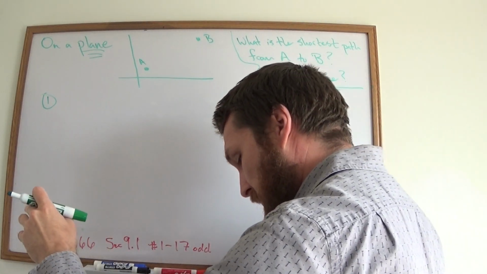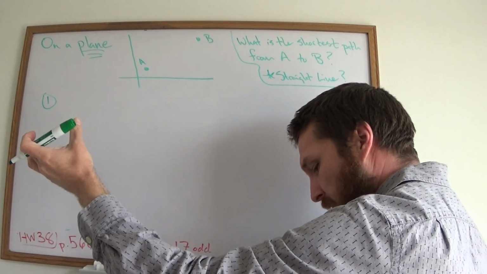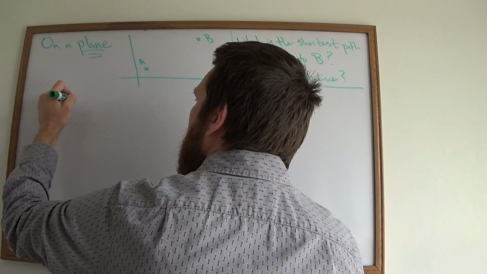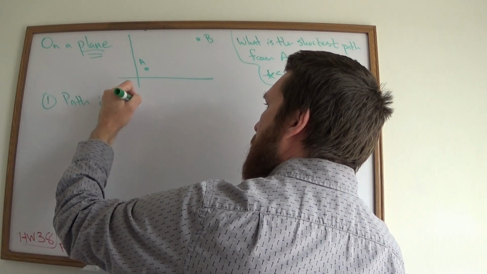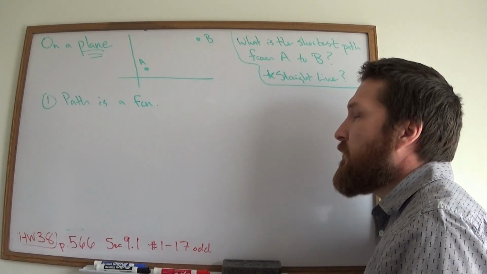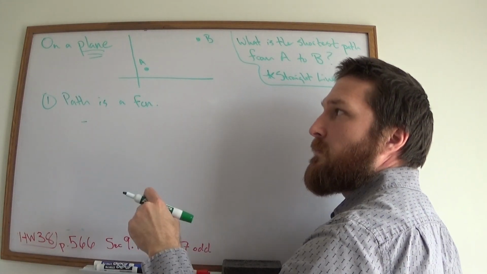Here are the 3 assumptions. All of this, we're assuming that we're on a plane and there's 2 points on the plane. We're going to assume that a path from A to B is a function. Now this seems reasonable. Why? Because you can't be in 2 places at once.